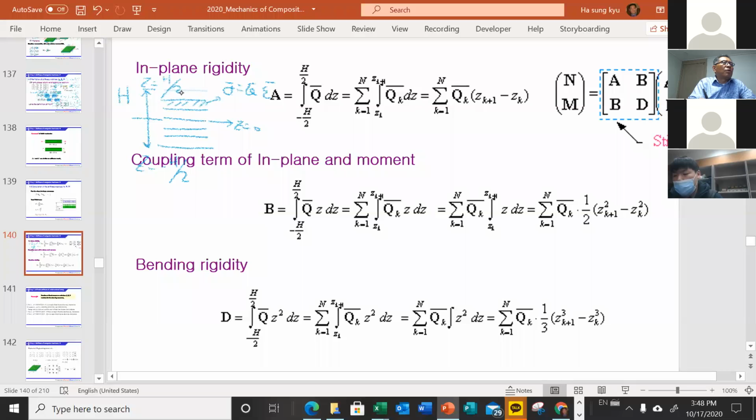In this ply, of course, the Q bar is constant, right? Each ply, Q bar is constant, but Q bar is a function of z, because ply by ply we have theta 1, theta 2, and theta 3, and so on. So each ply has a different Q bar.